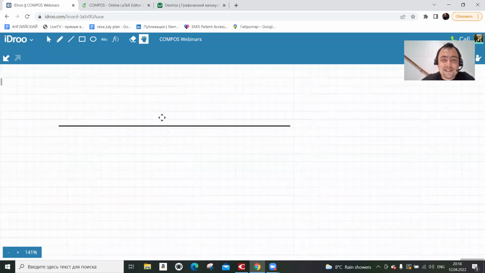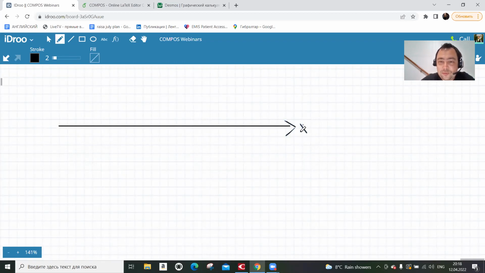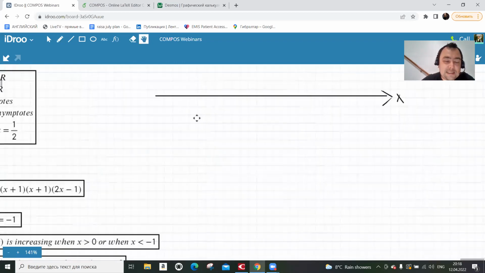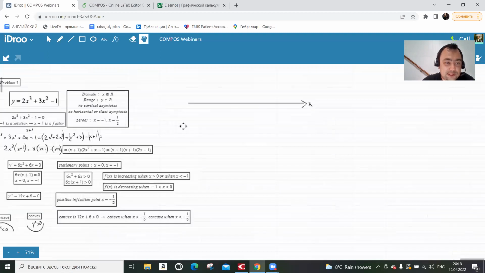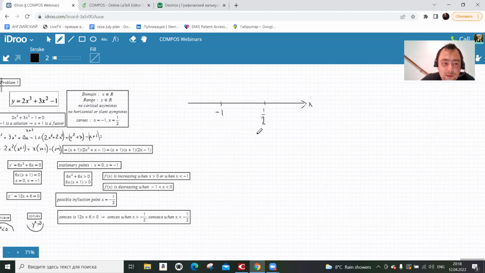Right. The next, you draw a line, and you put all the points that you found interesting. So first of all, the zeros, -1 and half. Then the stationary points, 0 and -1.